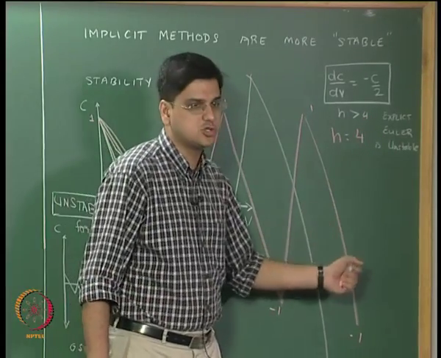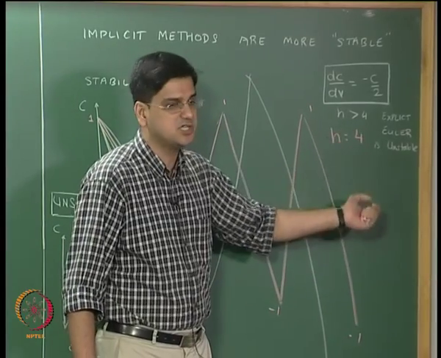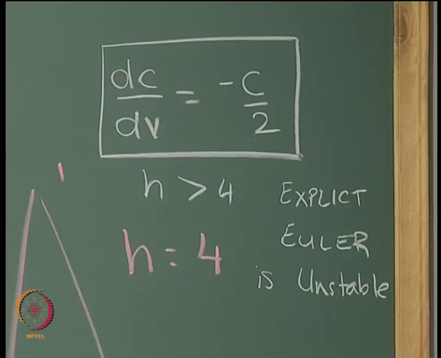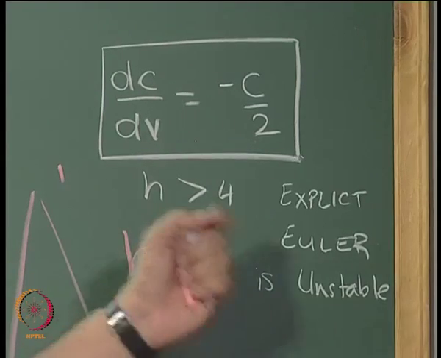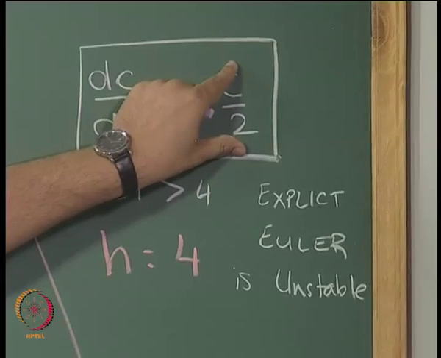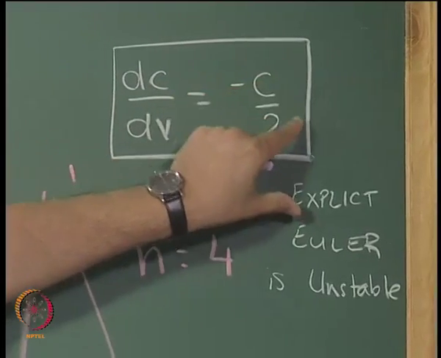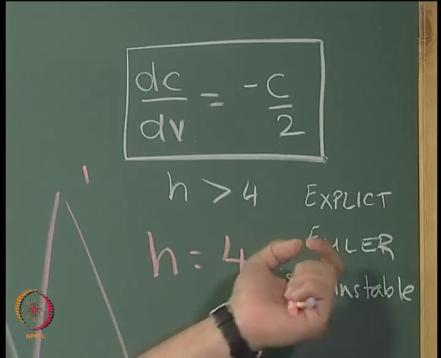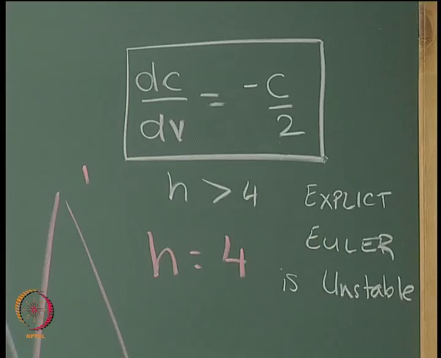What we will also show is that the condition for which explicit Euler's method becomes unstable is when h is greater than 2 divided by the coefficient of this term. When h is greater than 2 divided by 1 by 2, that is when the explicit Euler's method is going to be unstable.